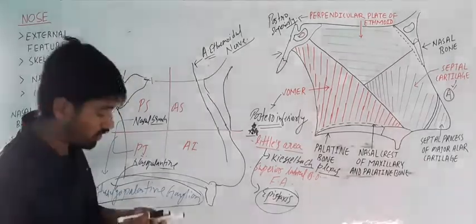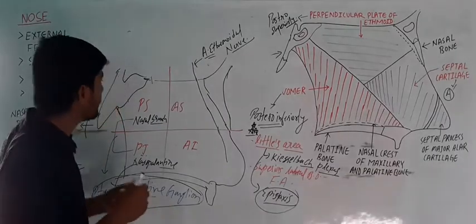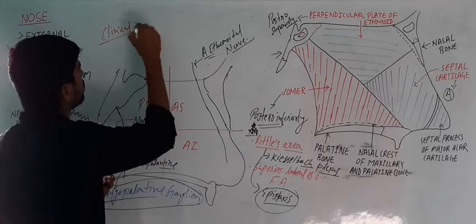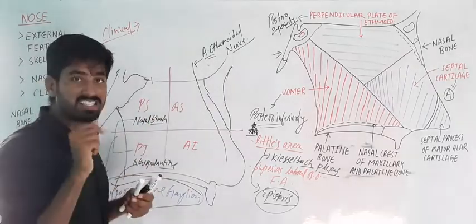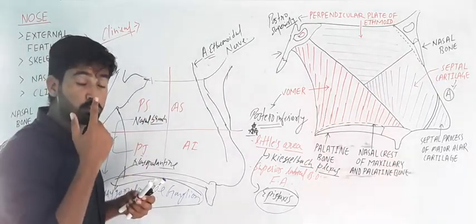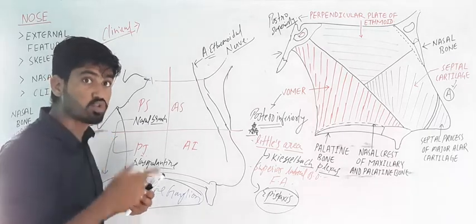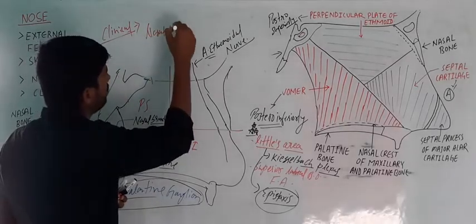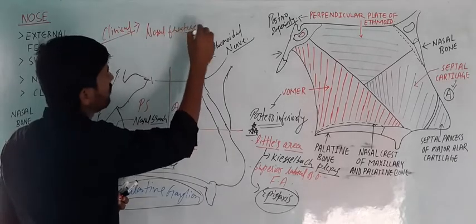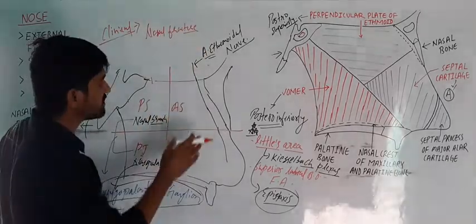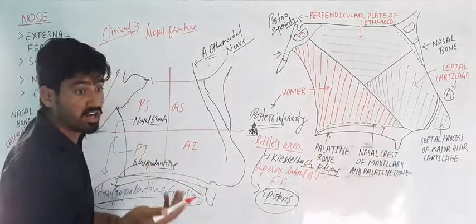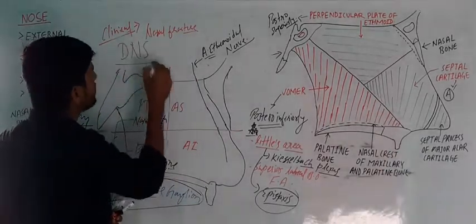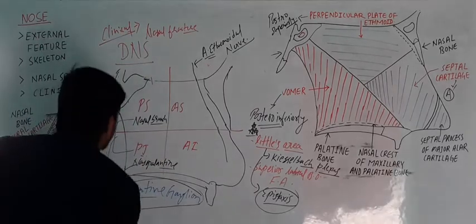What do we have to write in the clinical? See the clinical. As I told you, the nose is the most projected and prominent structure on the face. So nasal fracture is very common. And second, this is the nasal septum, so deviated nasal septum, DNS, is a very important thing.